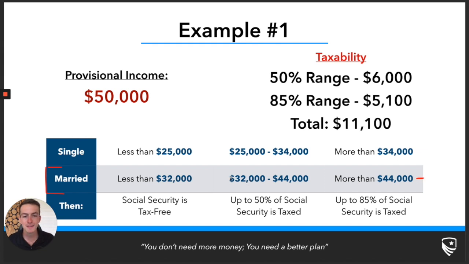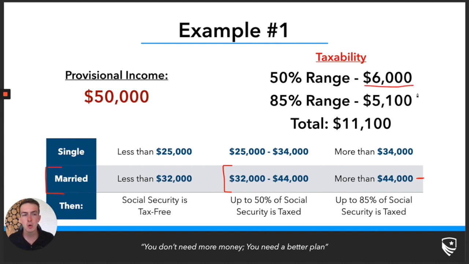So we know within the 50% taxable range, we're going to be fully taxed in this range. Now there's a $12,000 range here from $32,000 to $44,000. Within that range, 50% of our Social Security is going to become taxable. 50% of $12,000 is $6,000.